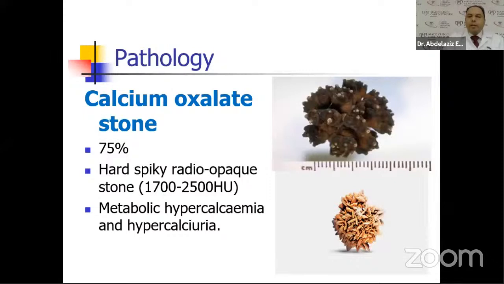On X-ray, it is a radio-opaque stone. The Hounsfield unit is about 1,700 to 2,500 Hounsfield units. These calcium oxalate stones are usually due to metabolic hypercalcemia and hypercalciuria.